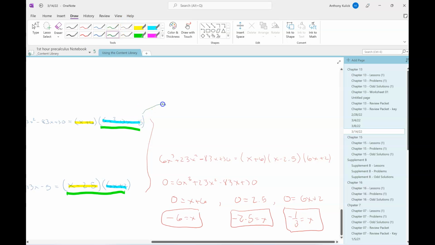Now, I want to point out here that if we had stopped at this step, which we could have, we could apply the zero product property here.